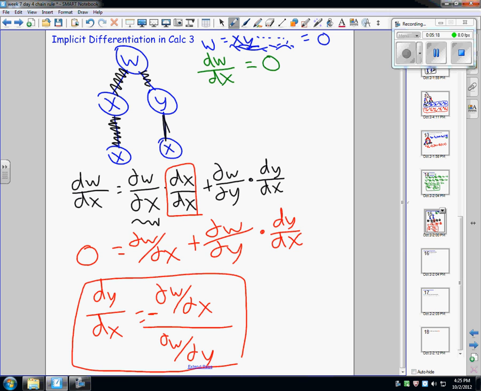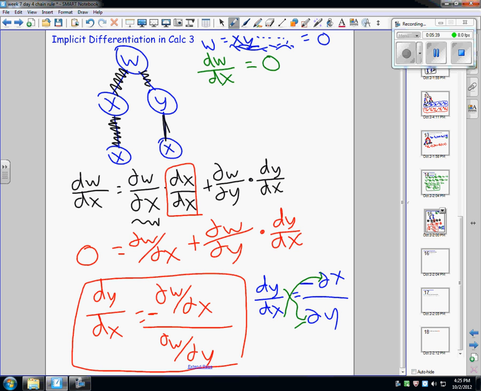Notice, I know there's a lot of terminology there, but it's dy over dx. Notice how there's a negative, and then there's a partial with x on top, and there's a partial with y on bottom. So what kind of happens is that goes up and that goes down.